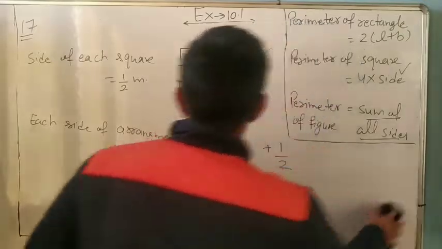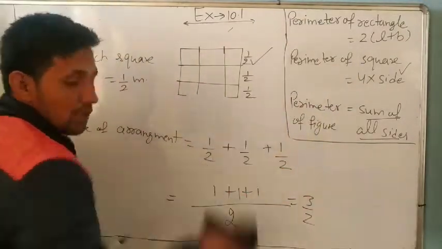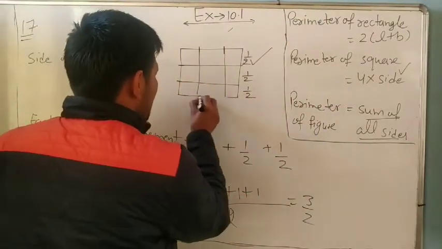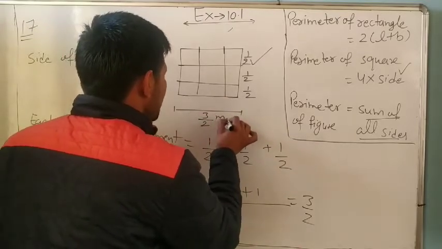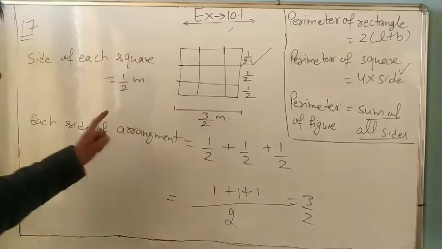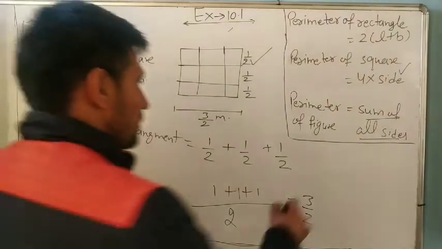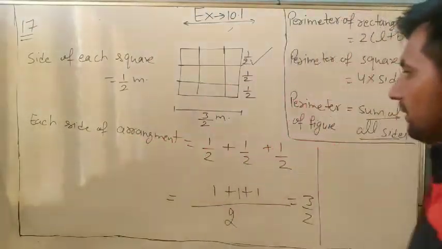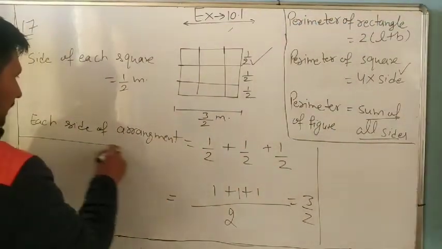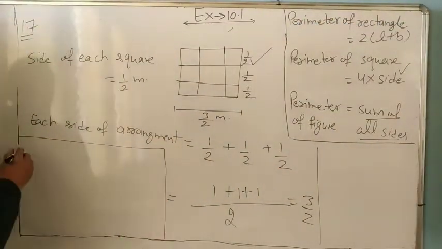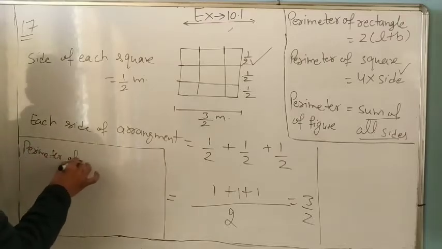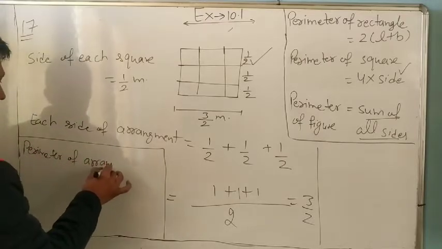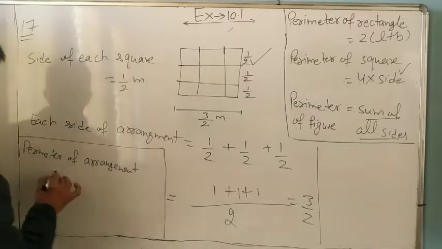So what is the total length of this arrangement? It becomes 3 by 2 meter. So this is each side, but we want to find the perimeter. So write here, perimeter of arrangement is how much?